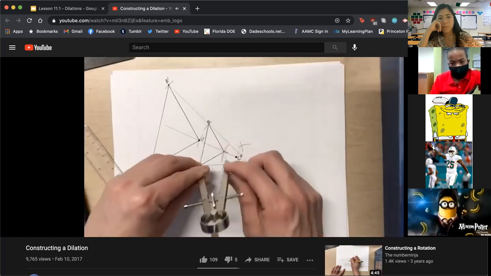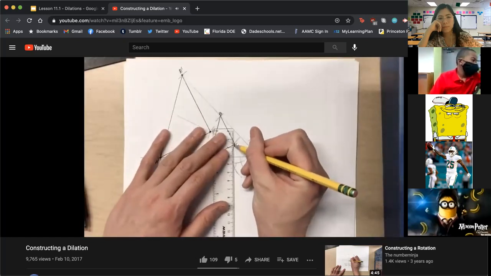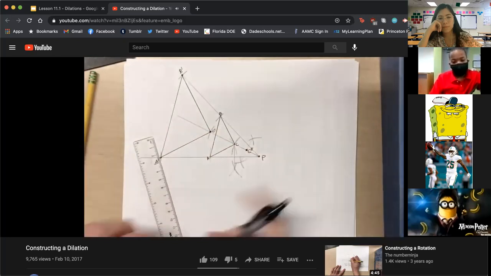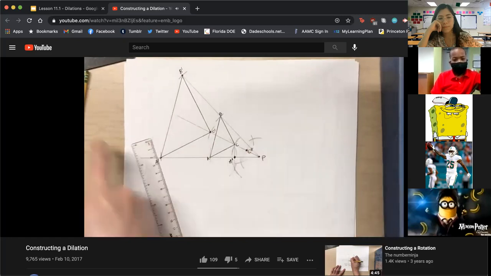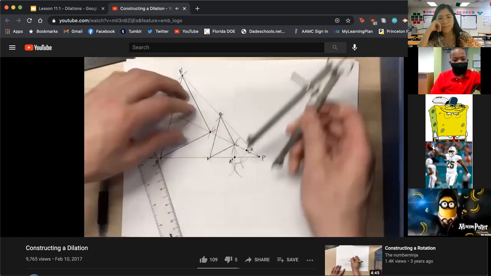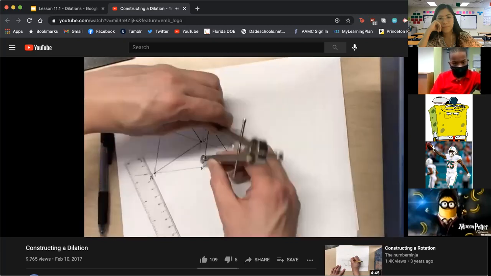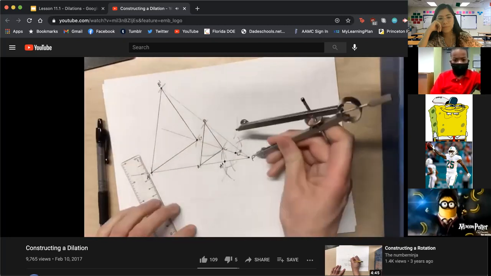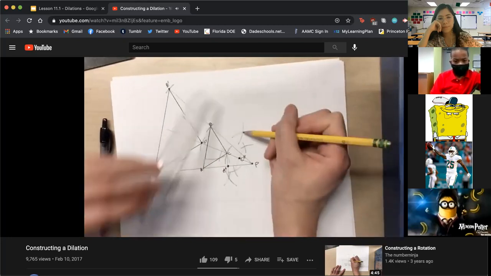All right, so let's see. There's the perpendicular bisector. There's the midpoint. There's my A double prime. And then finally, for P to B, there and there, perpendicular bisector.